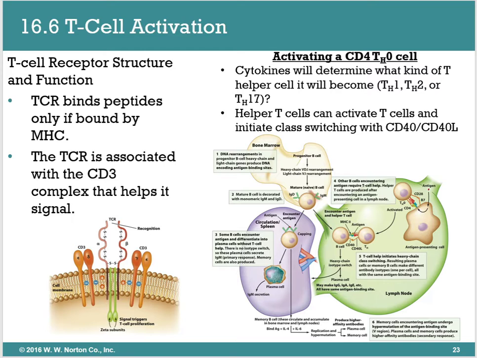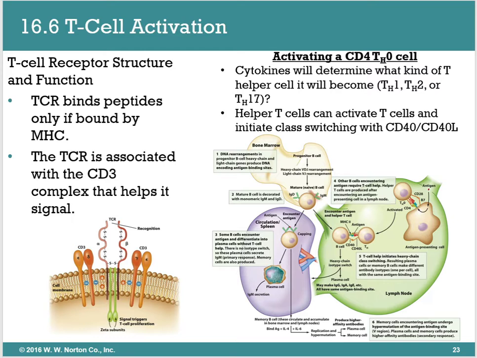If they're stimulating B cells, that means that they're stimulating antibody production. Once a T helper cell becomes activated, they become activated by interacting with an antigen presenting cell. That's the only way that they can become activated, okay?